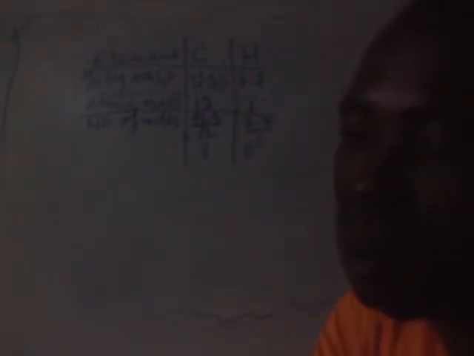92.3 divided by 12 gives us 7.69, which is approximately 7.7 to one decimal place.